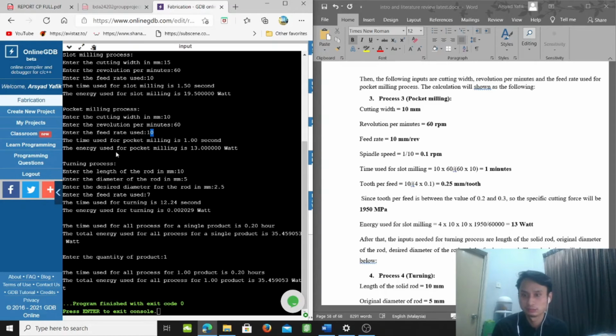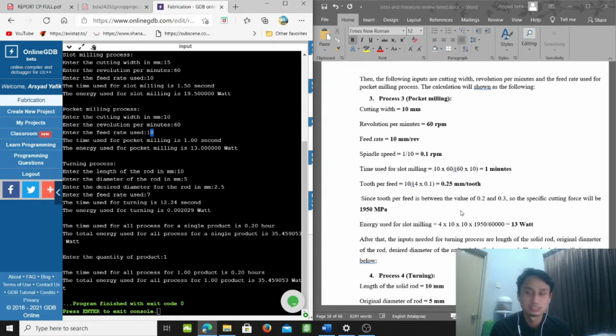So how to get that? On the right side, the time for slot milling is 10 times 16 divided by 16 times 10, which equals 1 minute. To prove it, the feed per tooth equation is 10 times 4 divided by 0.1, which equals 0.25 millimeter per tooth, and it is between the values of 0.2 and 0.3.